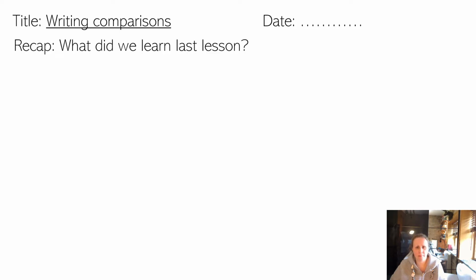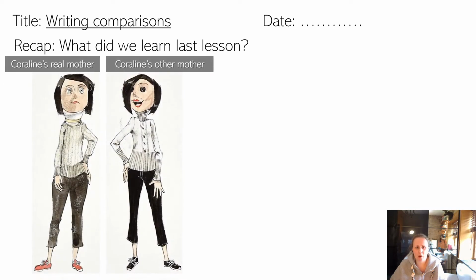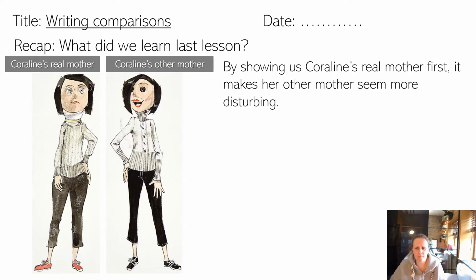So a quick recap, what did we learn last lesson? We did that double circles. We were looking at Coraline's real mother and Coraline's other mother. Why were we looking at those two mothers? Well, I wanted you to understand that by showing us Coraline's real mother first, it makes her other mother seem more disturbing.